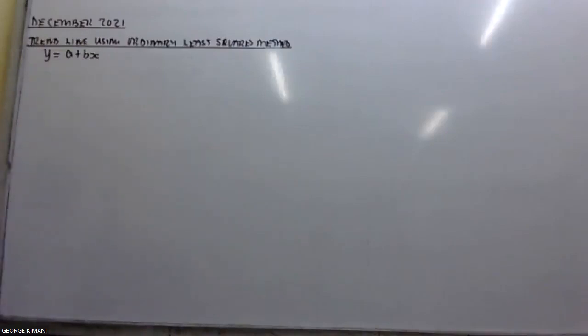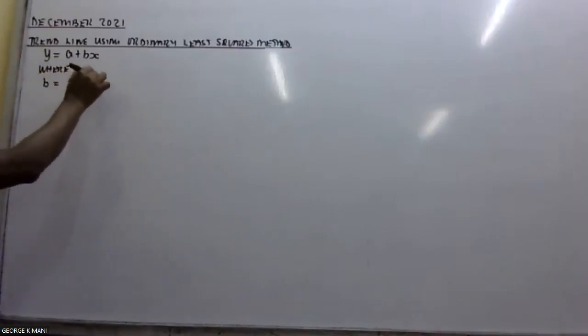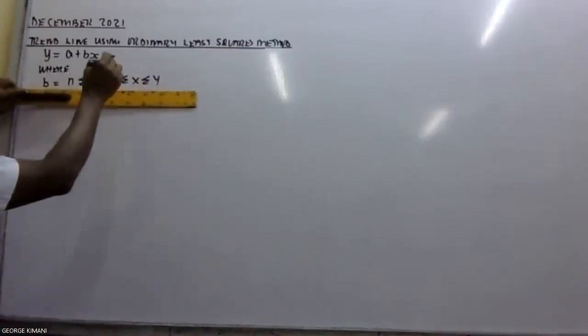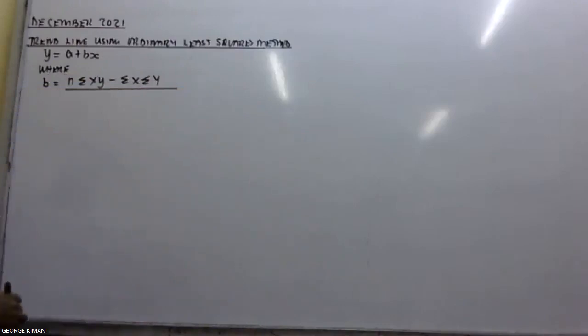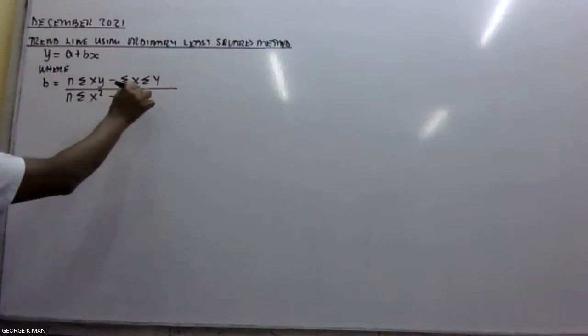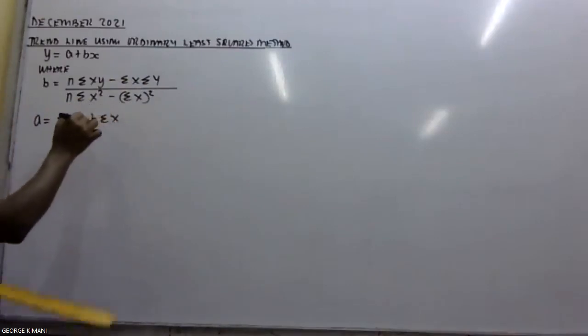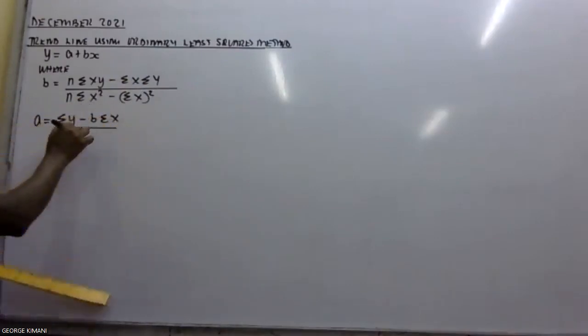That is the format. Where we normally say that b is n sum of xy minus sum of x sum of y, you divide this by n sum of x squared minus sum of x, you square that. And then a is sum of y minus b sum of x, divide by n.